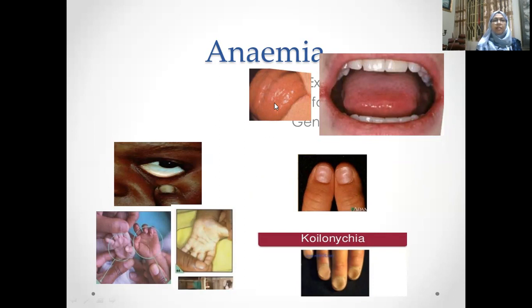And the tongue, as I have discussed in my previous class, is pale, smooth, and shiny. The smoothness is due to loss of papillae. And this is stomatitis, and this is cheilosis.